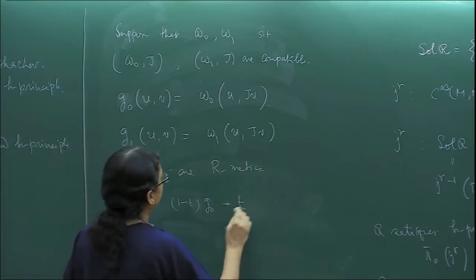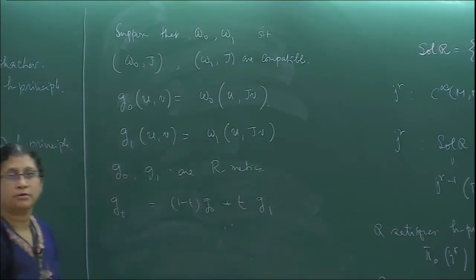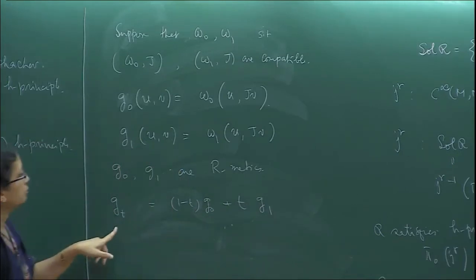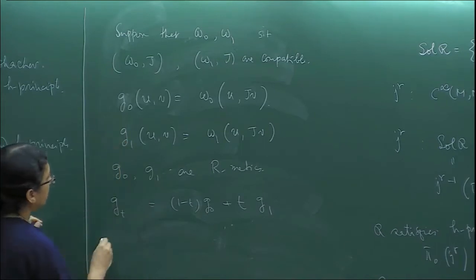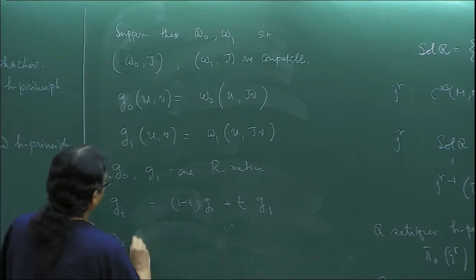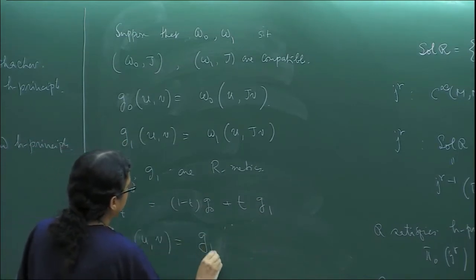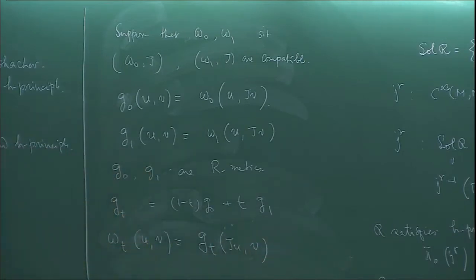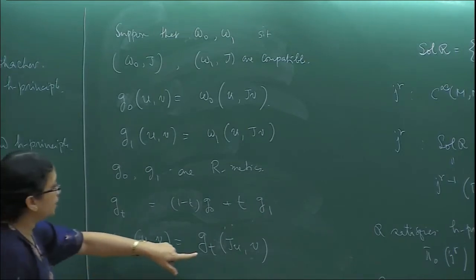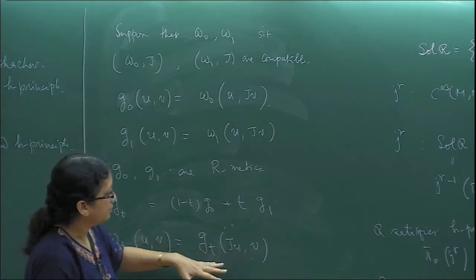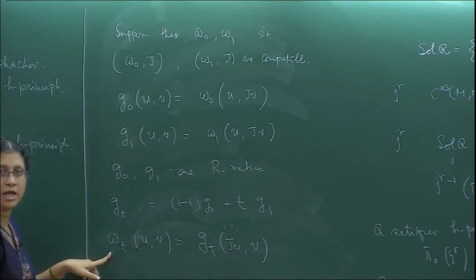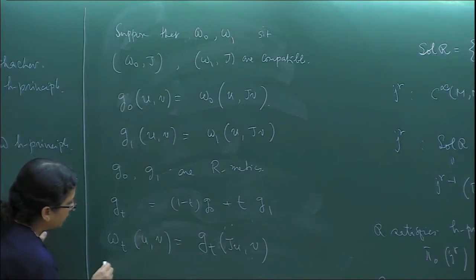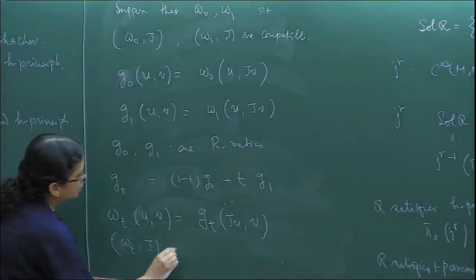So again, these are a family of Riemannian metrics. So what you can do, you can just write omega t by this formula. Omega t of u, v is Gt of J u, v. This basically reverses the role of omega and Gt. You can prove because Gt is a Riemannian metric, omega t will have the first property, and you can verify that omega t is compatible with J.